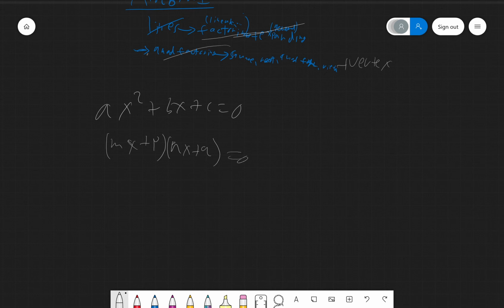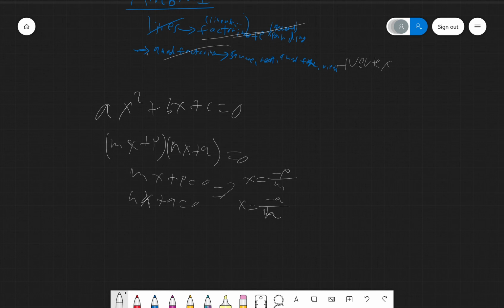Notice that if this equals 0, then either mx plus p equals 0 or nx plus q equals 0. So that means that x equals negative p over m, and x equals negative q over n. Now, you might notice something. There are two answers.